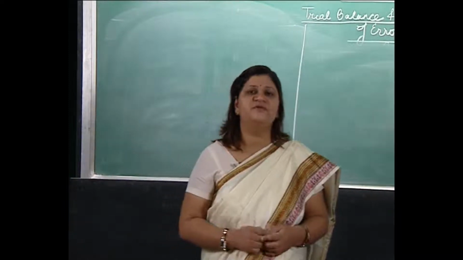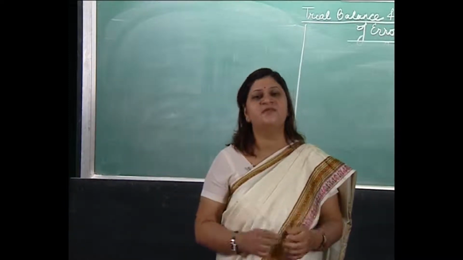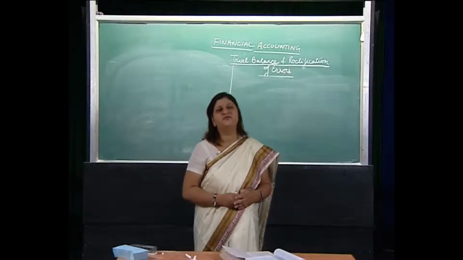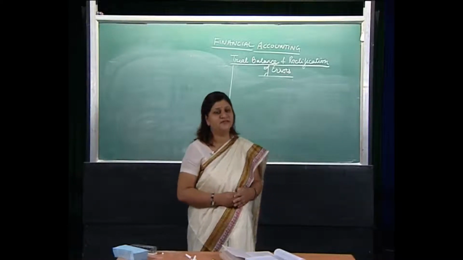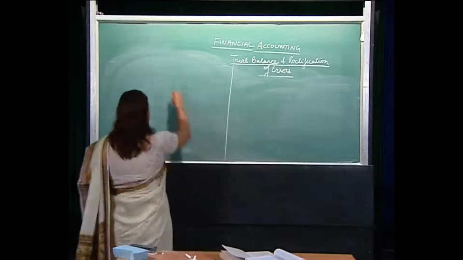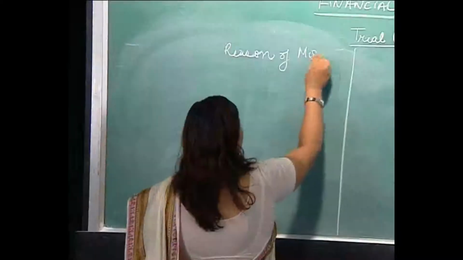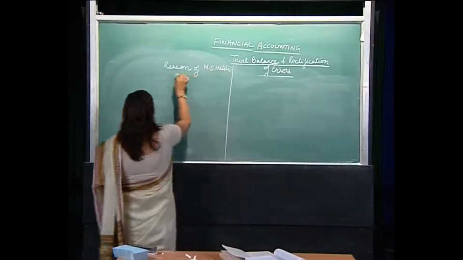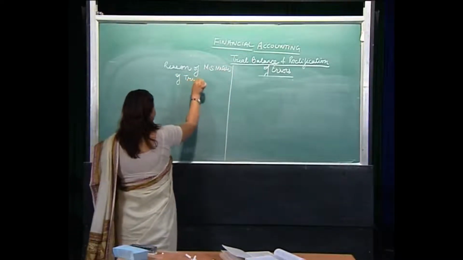So first of all, we will take those examples where the trial balance does not match. So we will analyze the reasons why the trial balance is not matching. So here, reasons of mismatch of trial balance.